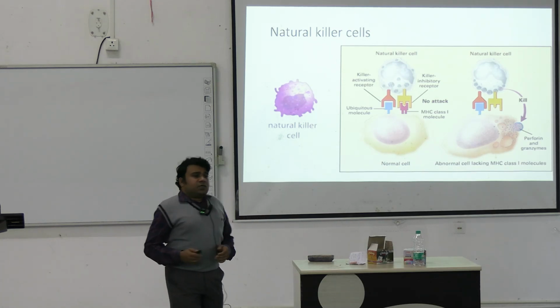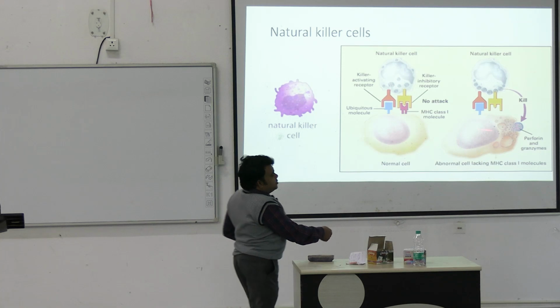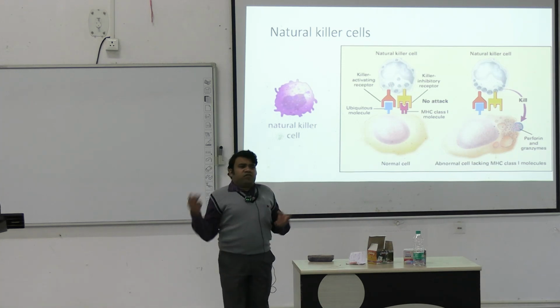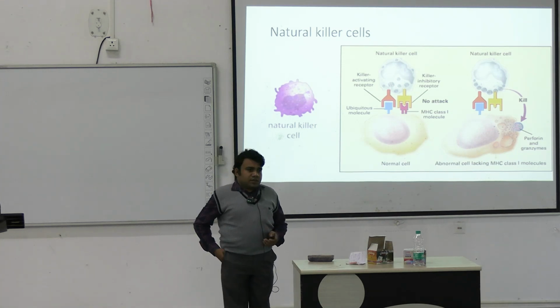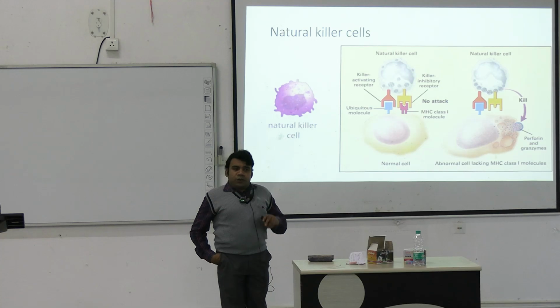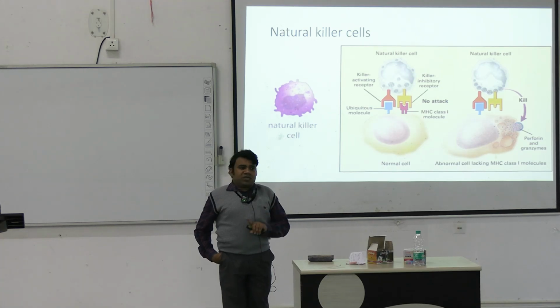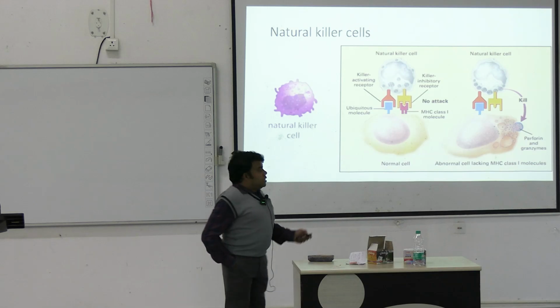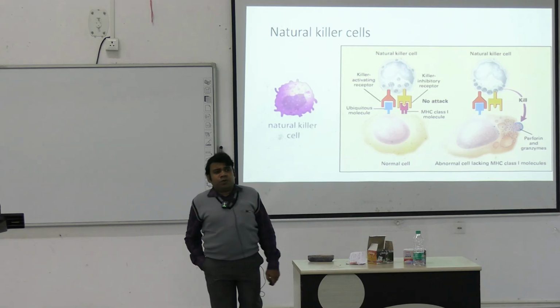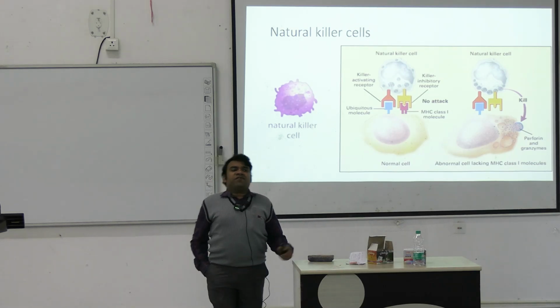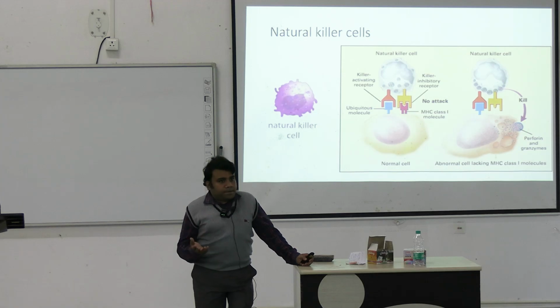So the cell is functioning normally, it will not damage the cell. Now let us suppose this is a respiratory cell and an influenza virus has entered inside the cell. What will the virus do? It will interfere in the normal protein synthesis of the cell, and among the normal protein synthesis, this MHC antigen will not be produced, or even if it is produced, may be altered.